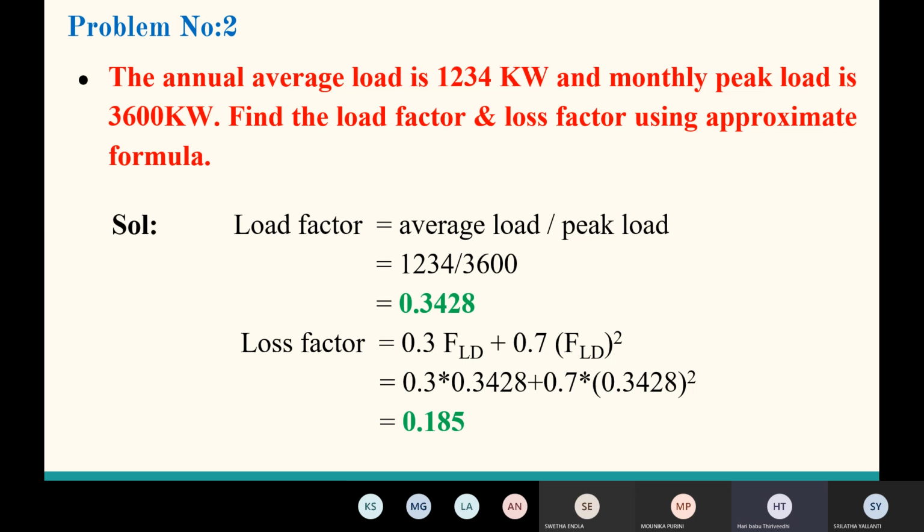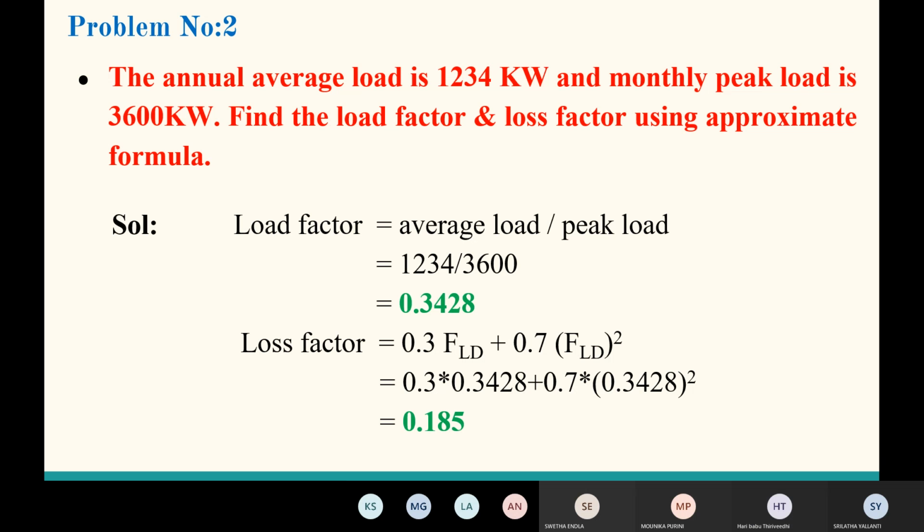Don't get confused, this is monthly. In distribution, the maximum monthly or yearly peak load is the same. So that's why I'm taking the peak load as 3600. The load factor value is 0.3428.